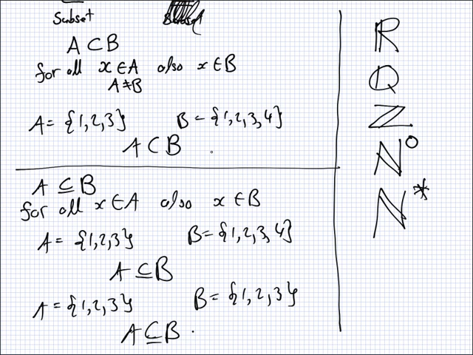Just like a list: A subset B, B subset C, C subset D. Whatever you like. Start with the smallest and finish with the biggest.